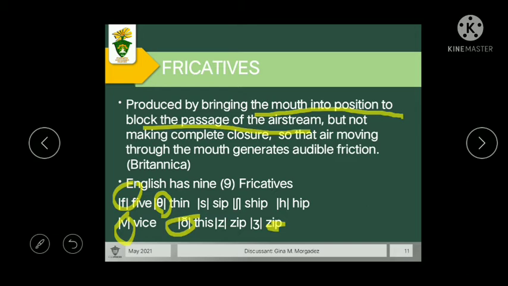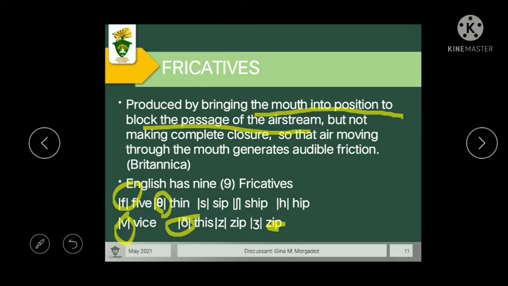However, the phonemes S and Z are alveolar. Why? The phonemes sh and zh are post-alveolar. Why is that so? Because, as we discussed in the previous slides, the articulation of these sounds involves the tip or blade of the tongue touching the back of the alveolar ridge.